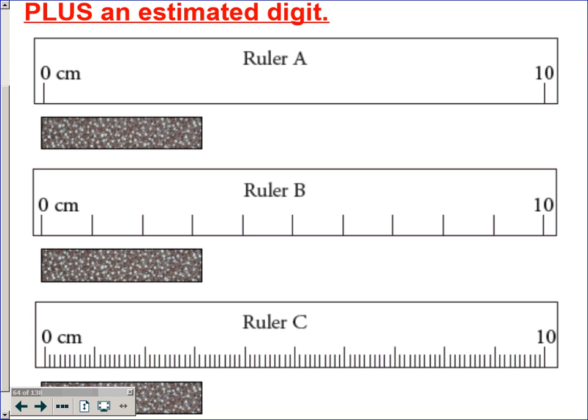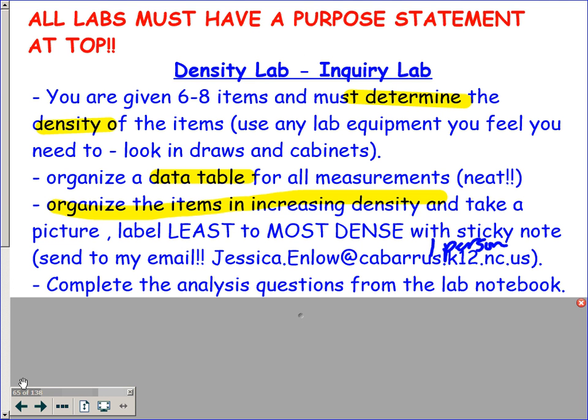Okay, so there you have the same lab groups as last time. You may go and pull out your lab notebook. I'll help you when you get back there. Same lab groups as last time. Pull out your lab notebook.